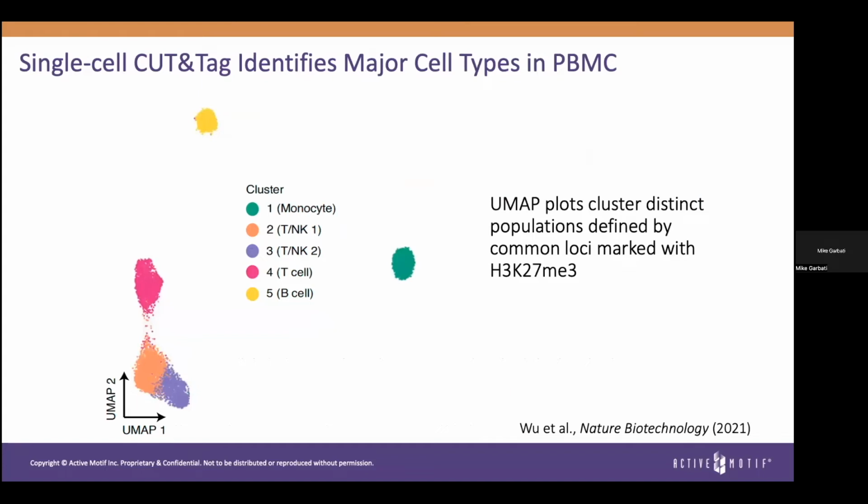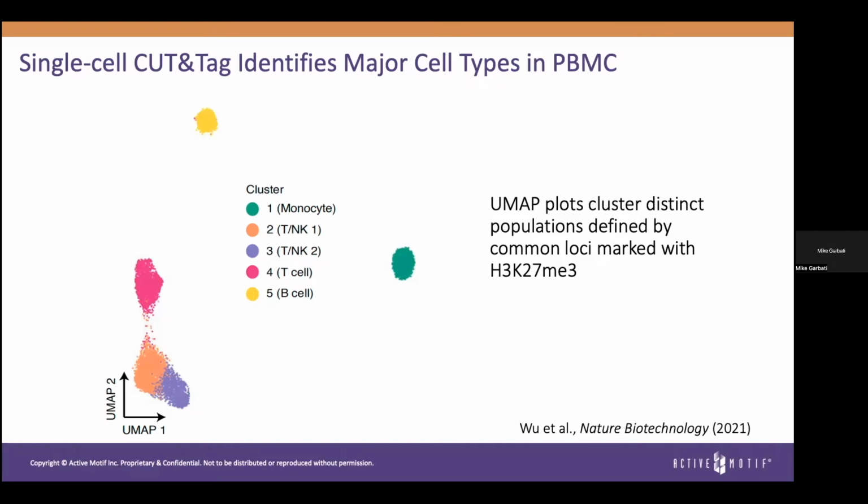Henikoff's group shows that major cell types in peripheral blood mononuclear cells can be identified using single-cell CUT&Tag. In this experiment, they performed single-cell H3K27 trimethyl CUT&Tag. Now, this is a common modification that represses functional elements. Shown here is a UMAP plot that clusters different cell types in informatic space.